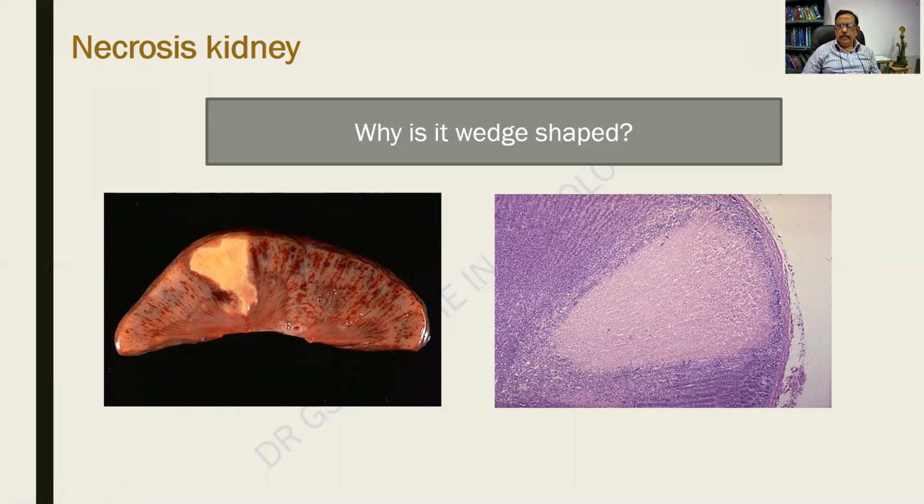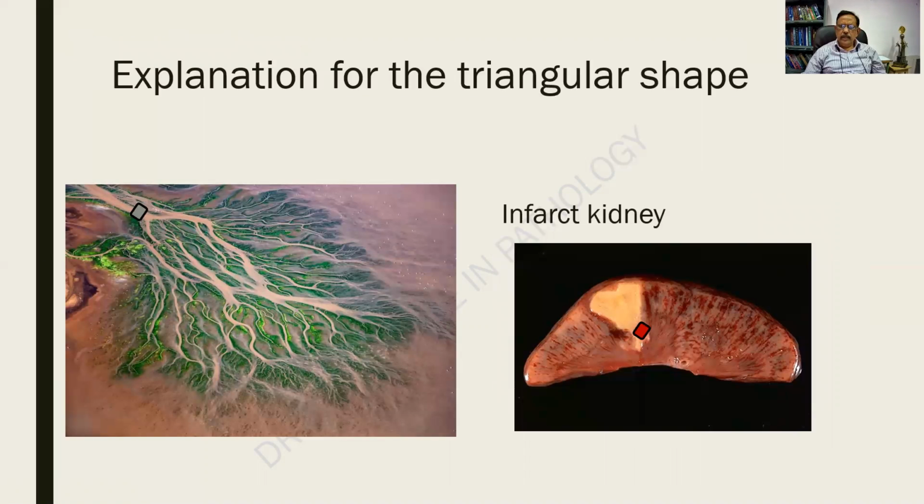My question now to the students is, why is it wedge-shaped? We call it a wedge-shaped or a triangular infarct. Why is it wedge-shaped? I would like you people to compare this. Always I like comparing.